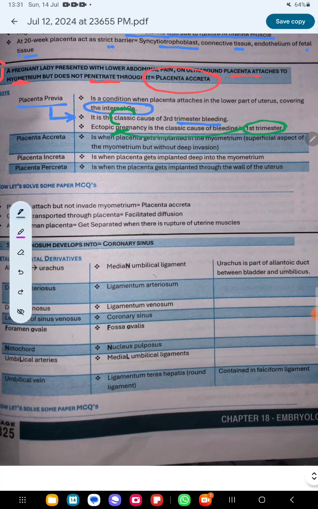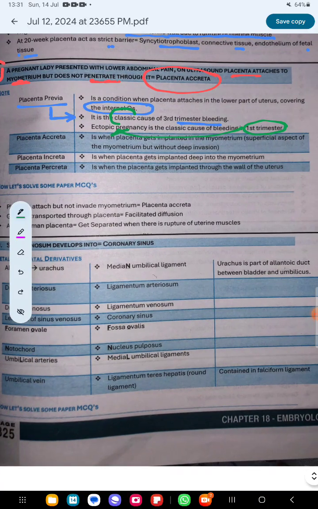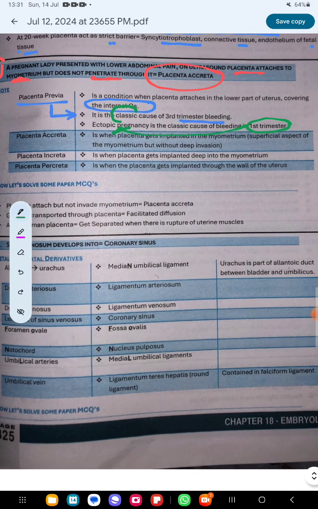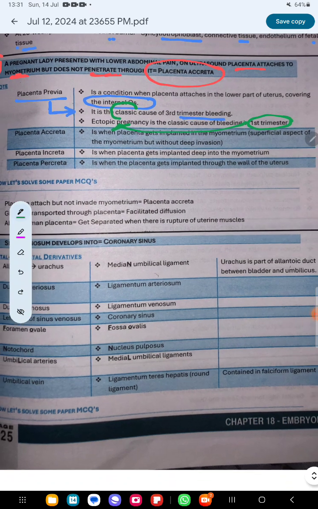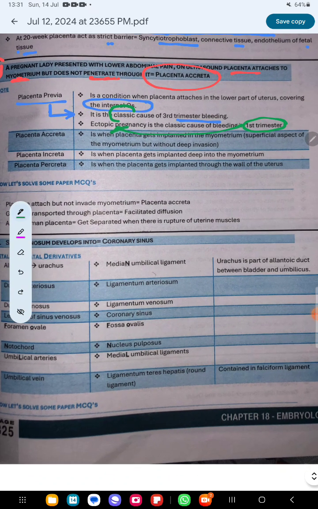Now, placenta accreta is when the placenta gets implanted in the superficial aspect of the myometrium, but without deep invasion. Placenta accreta means that the placental vessels have invaded the myometrium, not very deep, but somehow it has penetrated or implanted itself in the myometrium.